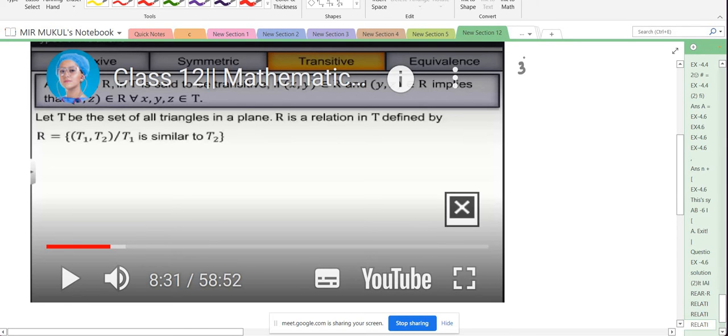So the third type of relation will be the transitive relation.